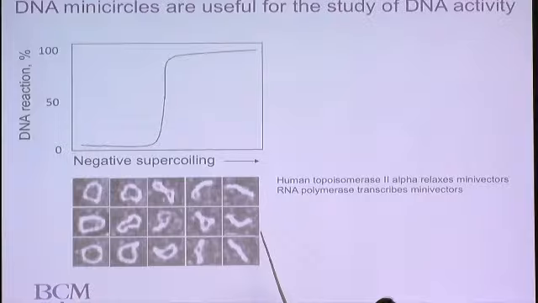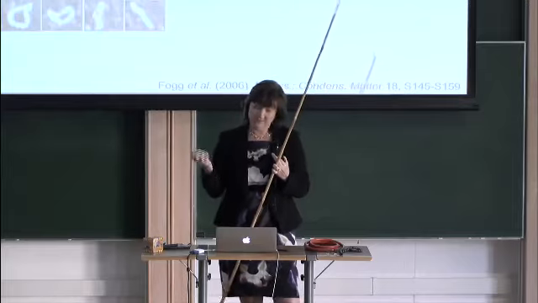When I first wrote a grant on this back in the US, they said, this is crazy, this is not biologically relevant, it will not be active, you've made something that is irrelevant. And I thought, well, that's really interesting, because if we treat this with a human topoisomerase, in this case topo 2, it relaxed it immediately. If we treated it with RNA polymerase, another enzyme, it would transcribe it immediately. So it's not quite an inactive freak, because these things are working.